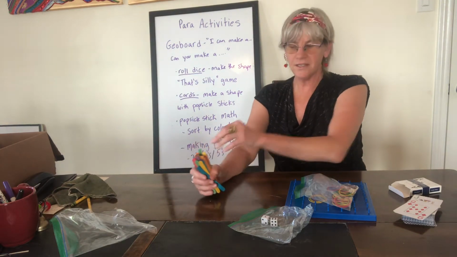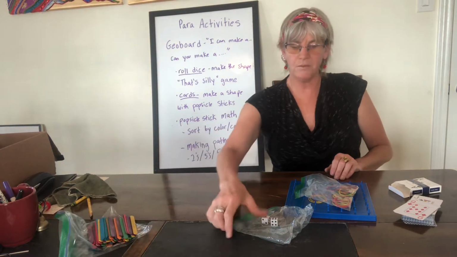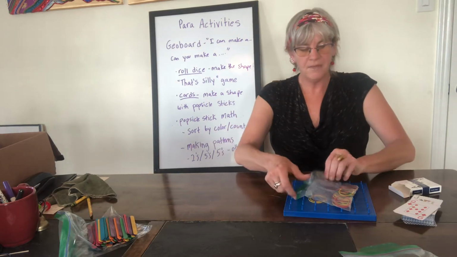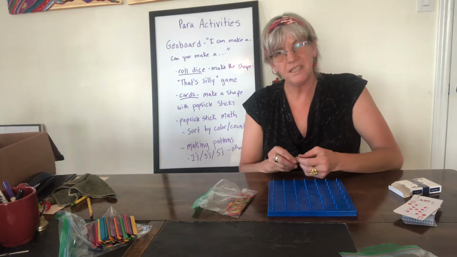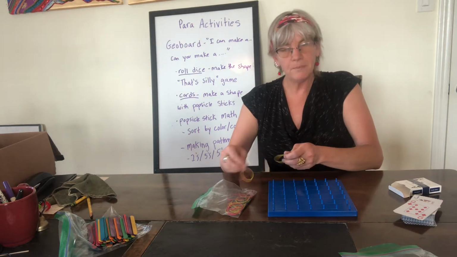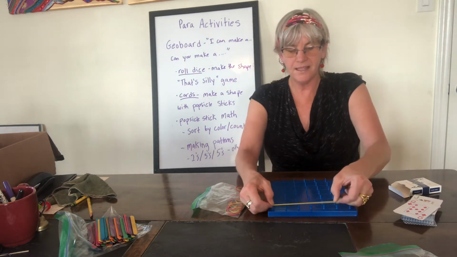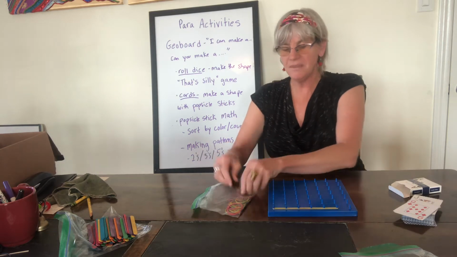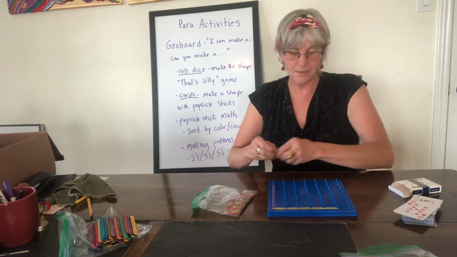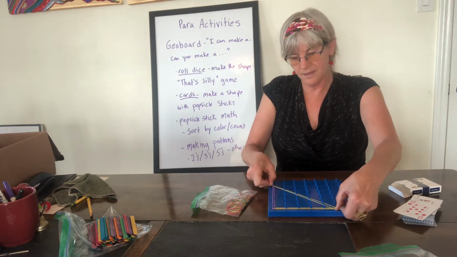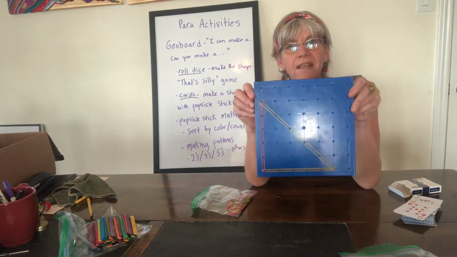The first thing you're going to do is work with the geoboard and challenge them to make different shapes. It can be a game where one person makes a design and then the other people have to copy that design. So maybe I'm making a triangle, and let's see who can make that one.